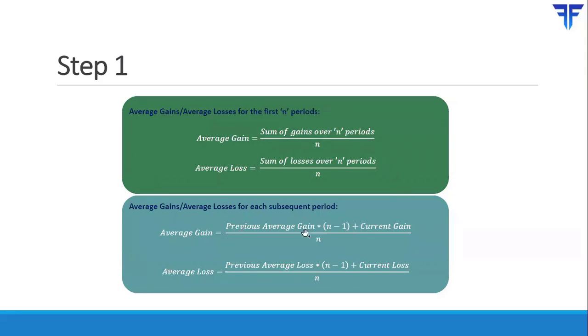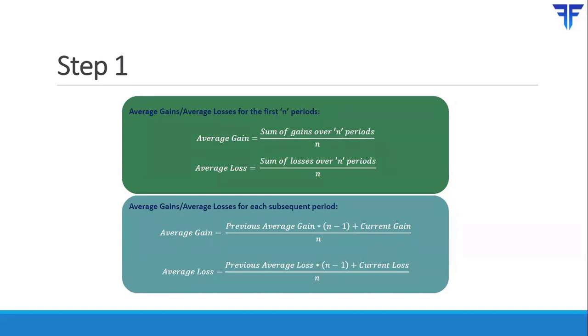To that value, the current day gain would be added. And then this entire expression would be divided by 14. So each and every subsequent average gain would be calculated this way. The formula is previous average gain times n-1 plus current gain, upon n.